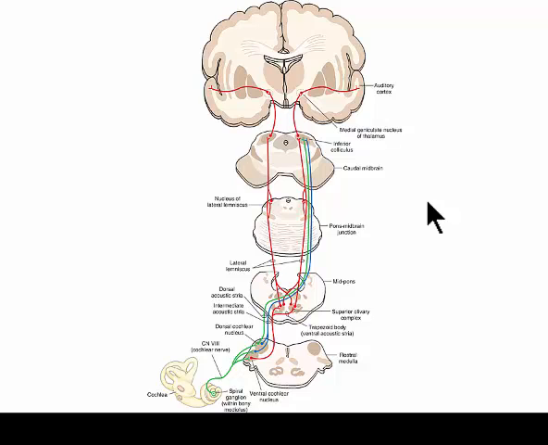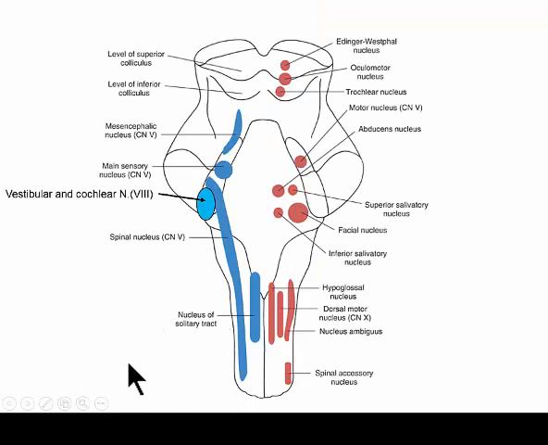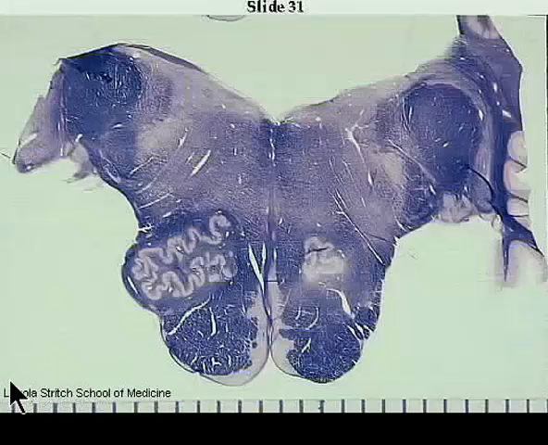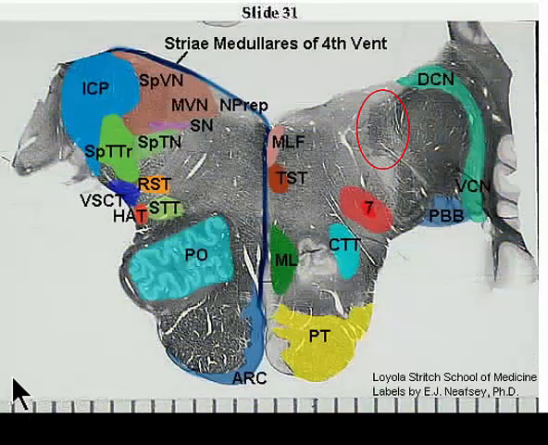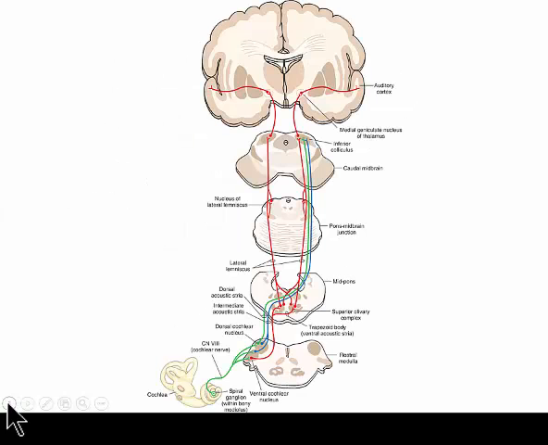And the vestibular system. Here we're showing mainly the auditory portion, which is going to use the lateral lemniscus and the superior olive. So audition is going to use the dorsal cochlear nucleus.